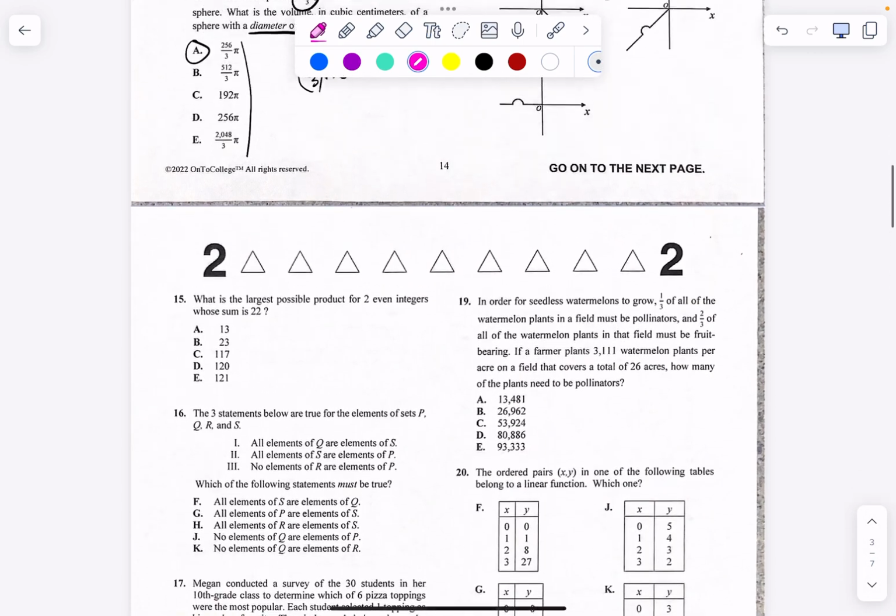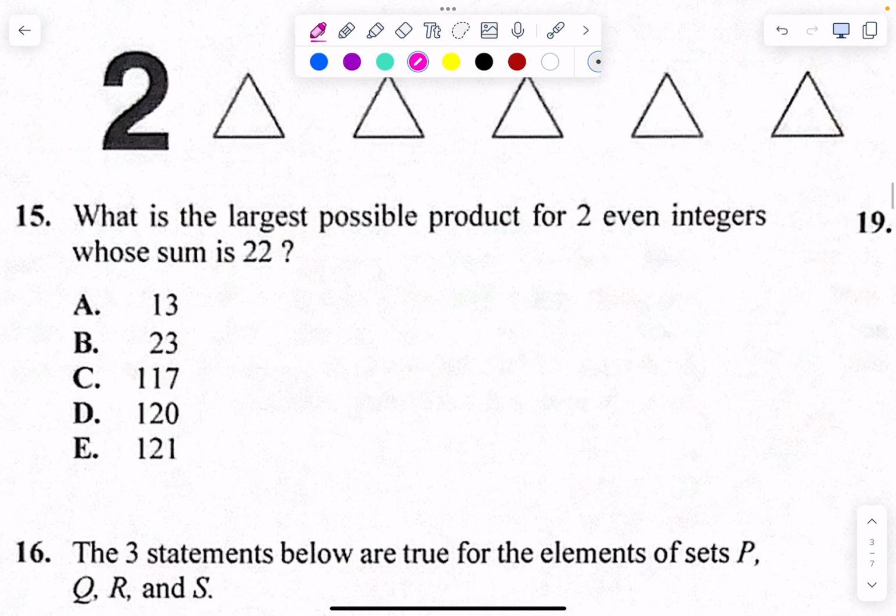Okay, 15. What's the largest possible product for two even integers whose sum is 22? Oh, I know this. Two even integers.